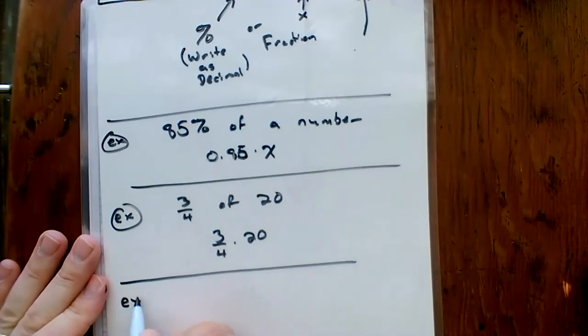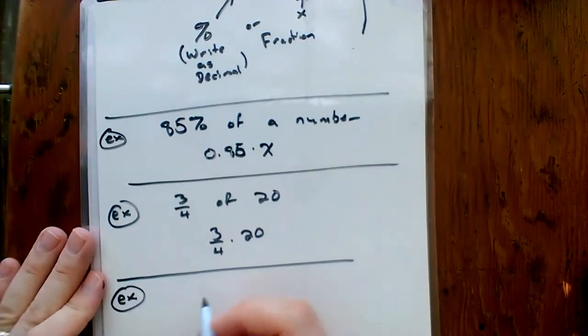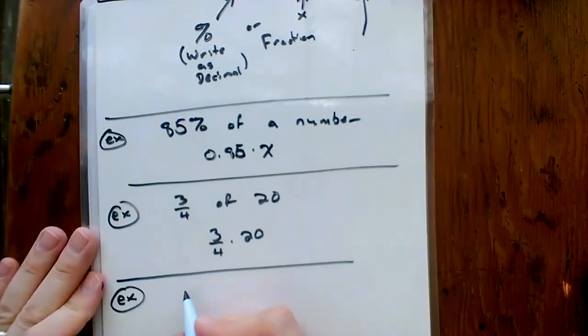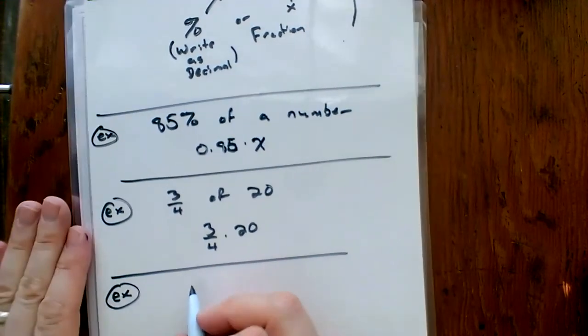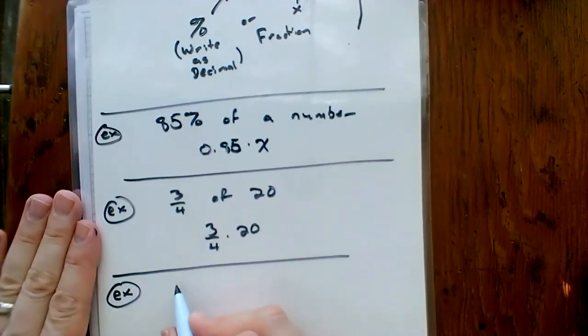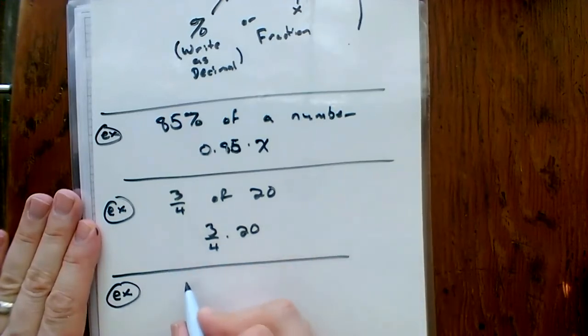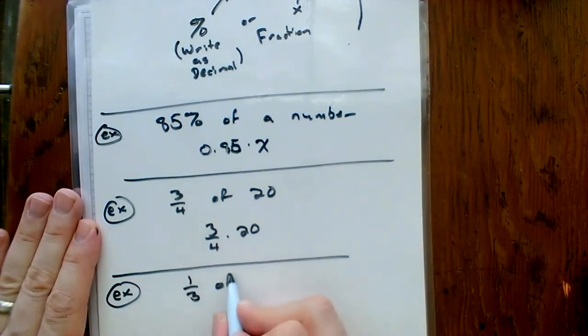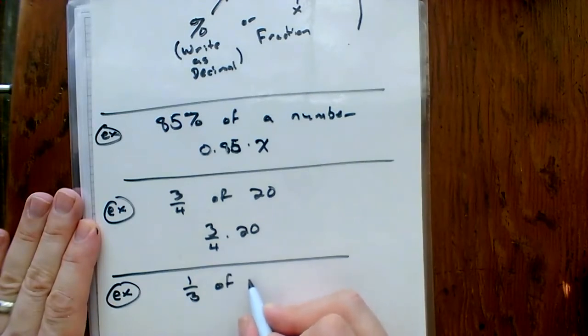Or let's stick with fractions. I could say 1/3 of Kate's age.